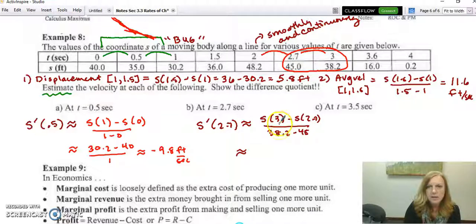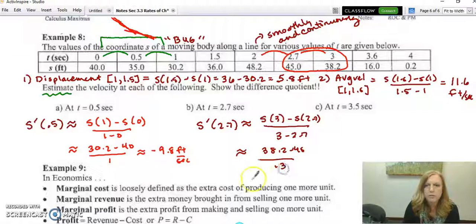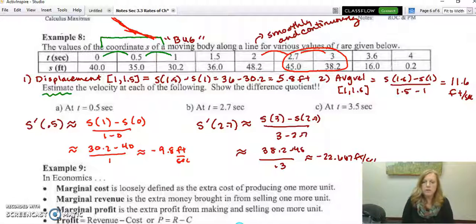Oh, I just made a mistake, didn't I? So 3 minus 2.7. We would have 38.2 minus 45 over 0.3, which ends up being approximately negative 22.667 feet per second. We can have that down, and again, you're going to put your units.